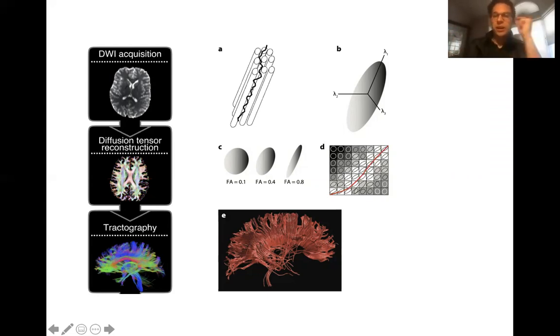But when you put constraints on the direction of motion of the water molecule, you find that the probability of where that water molecule will end up looks very similar to the constraints you put. In the case of the brain, we're measuring the water in and around all of these fiber bundles. We see that the orientations of these neurons place constraints on the motion of water within and around them.